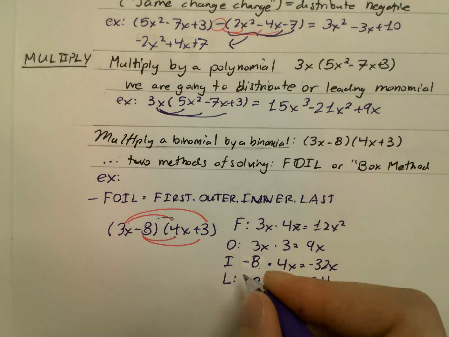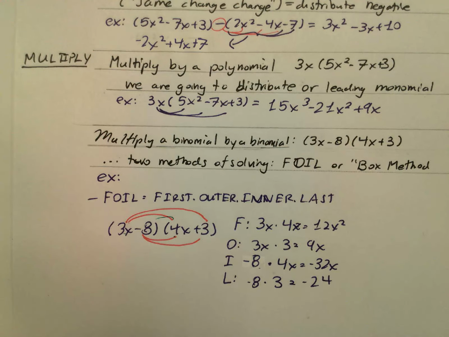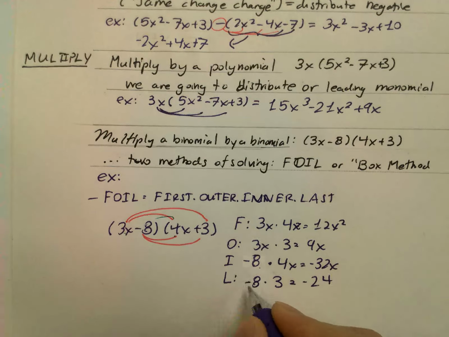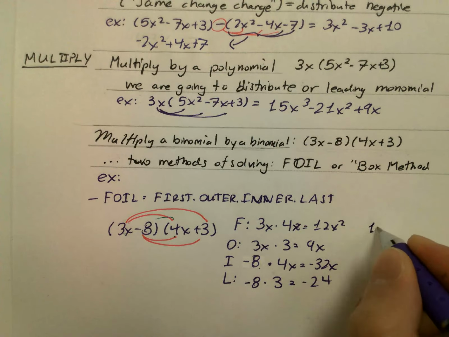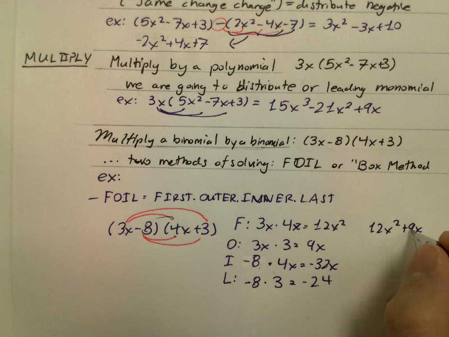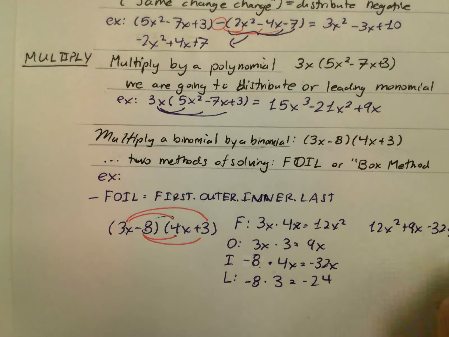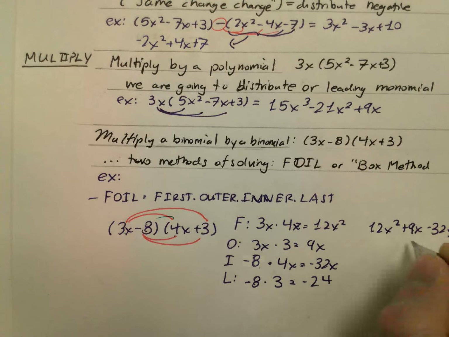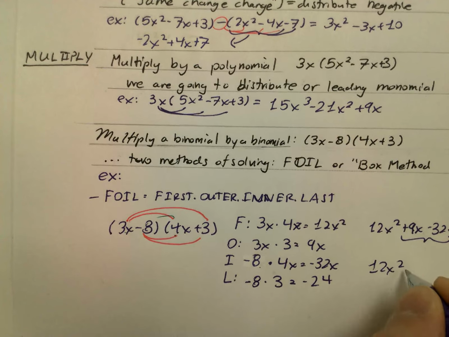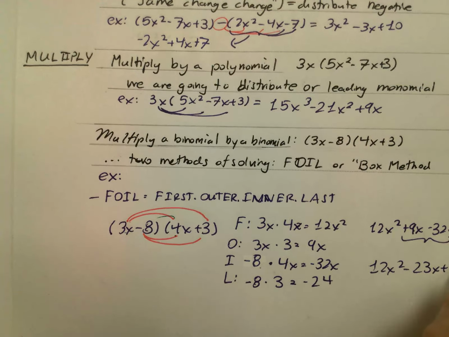So from that we get 12x squared plus 9x minus 32x minus 24. You combine your middle terms and you should get 12x squared minus 23x minus 24.